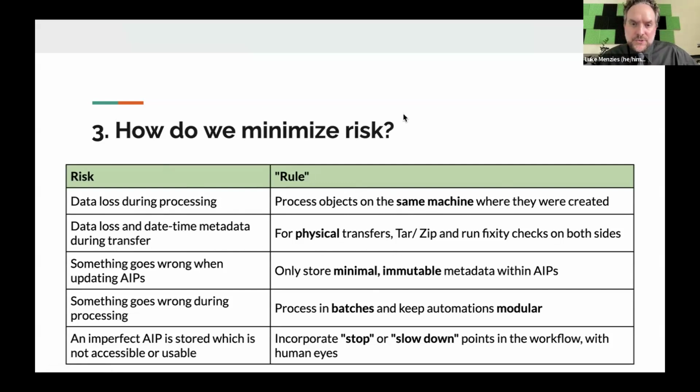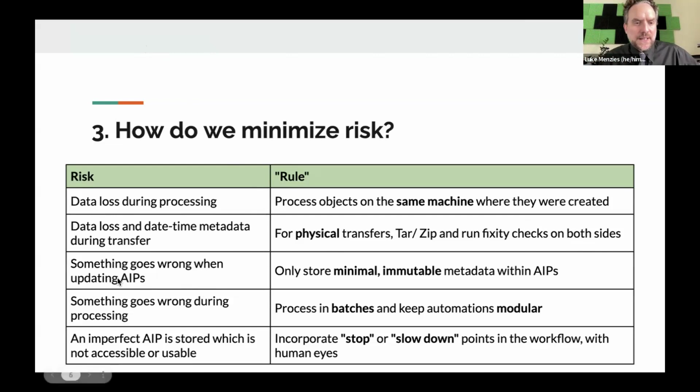For physical transfers, we either tar them or zip them up and run fixity checks on both sides of the transfer. And by physical transfer, I just mean whenever the file is going from one machine to another machine, because within the same machine, I just assume that that's going to be reliable enough. Because a lot of times moving something within the same machine is nothing has actually moved. It's just a matter of changing the path to that object.